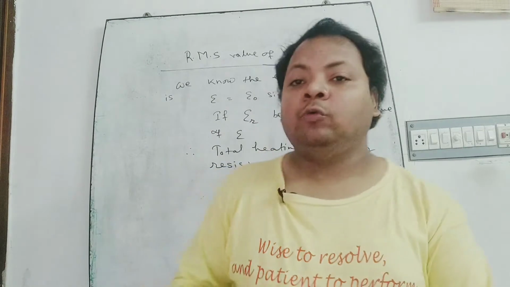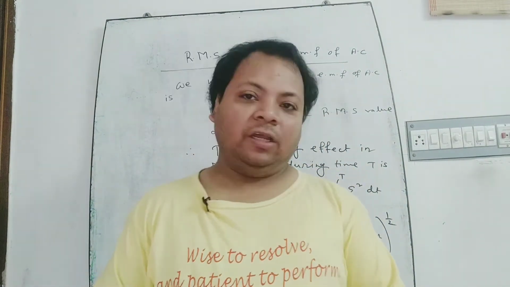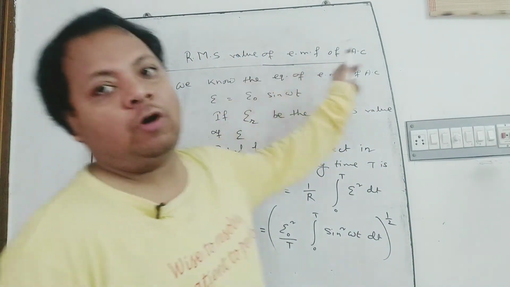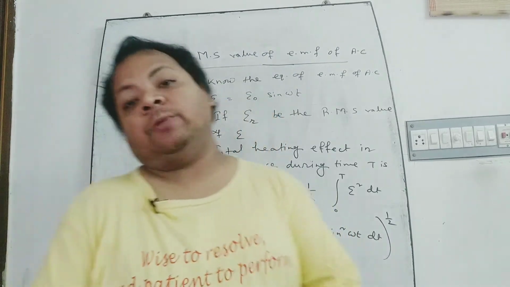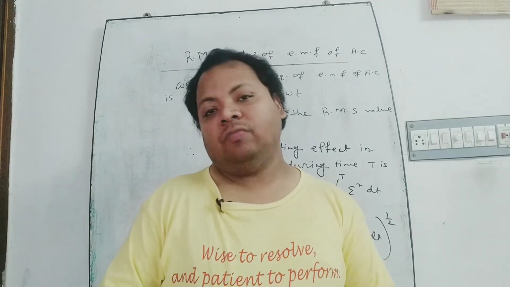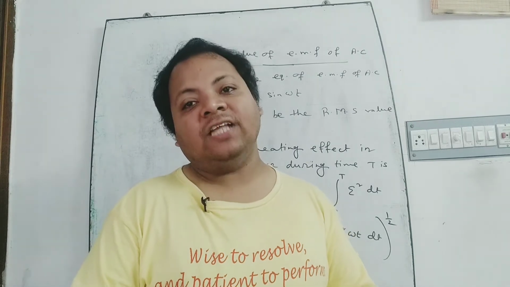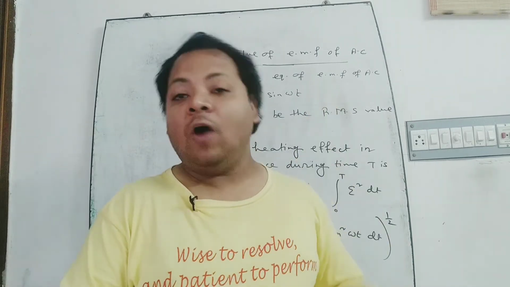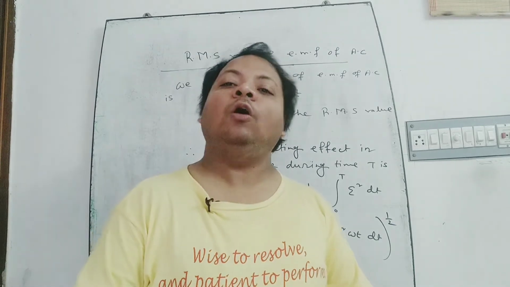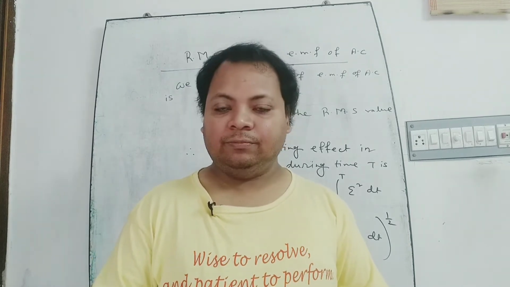Now I am going to discuss one of the most important topics in AC. It is the RMS value of EMF of an AC and the RMS value of AC. You know that in an AC there are three values. One is the instantaneous value of AC, one is the mean or average value of AC, and third is the RMS value of AC.